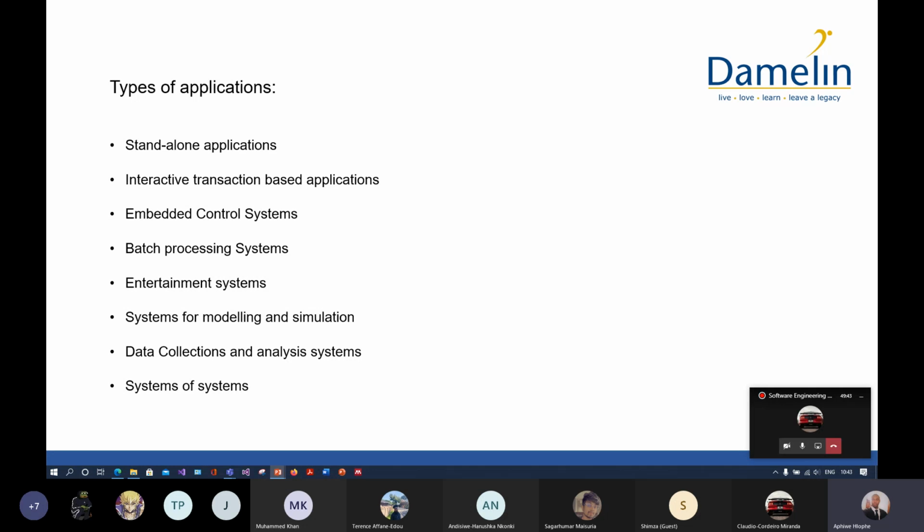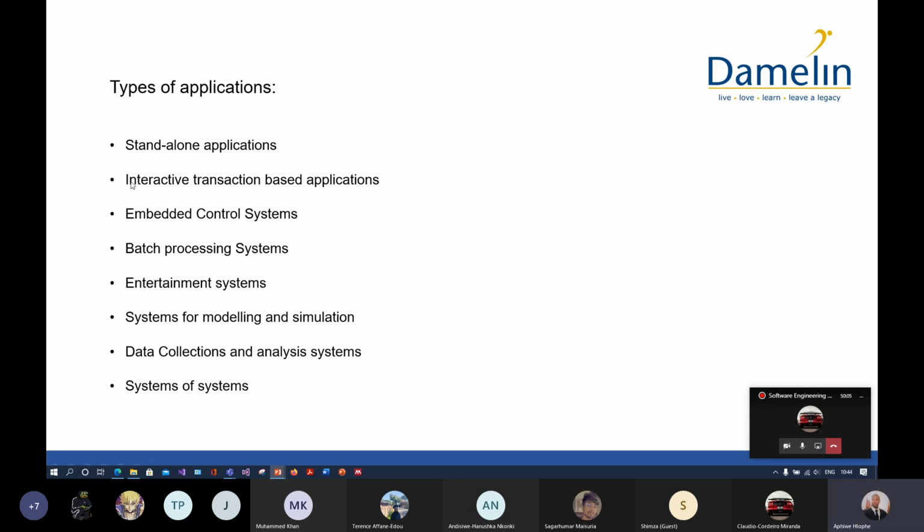Microsoft Office doesn't require you to have internet connection before you can use it. That's an example of a standalone application. The Notepad or the Notes app on your phone, it doesn't require any internet connection to use that app. So we refer to those as standalone applications.